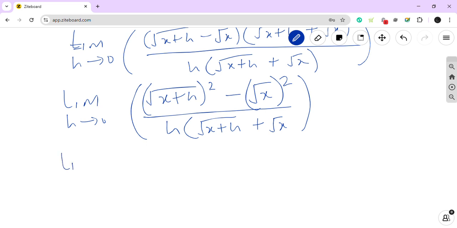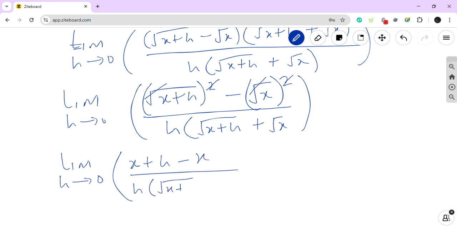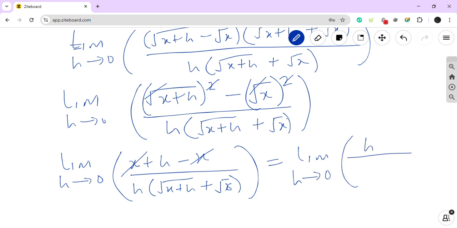This can be written as limit as h tends to 0, and the square cancels the square root, so we have x plus h minus x left over h times root of x plus h plus root x. x minus x is equal to 0, so we are left with h over h times root x plus h plus root x.